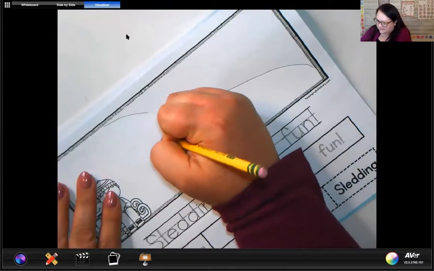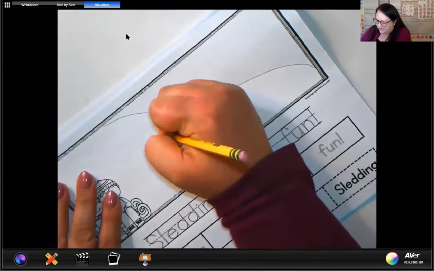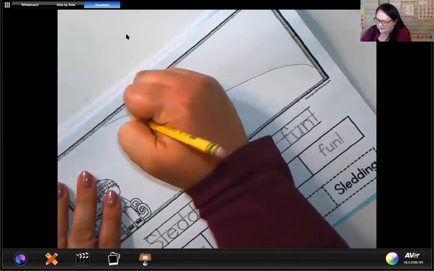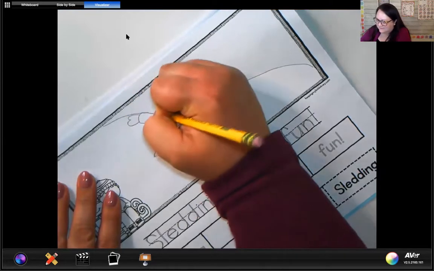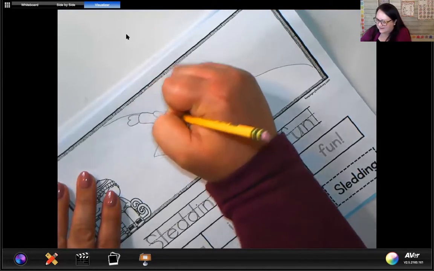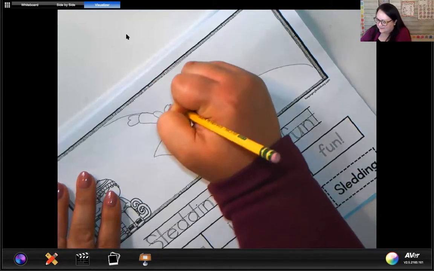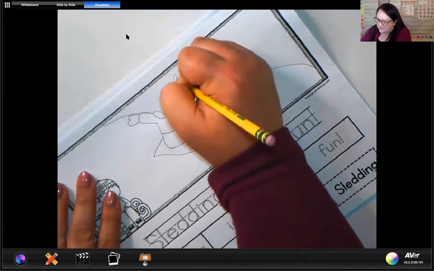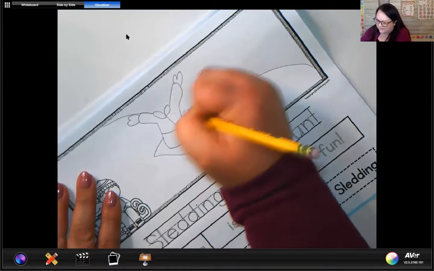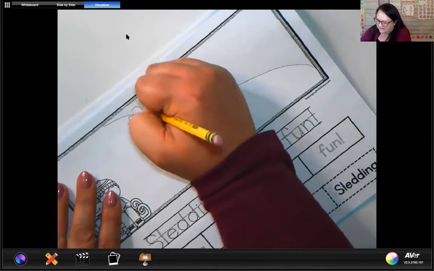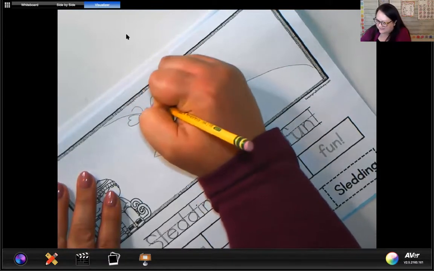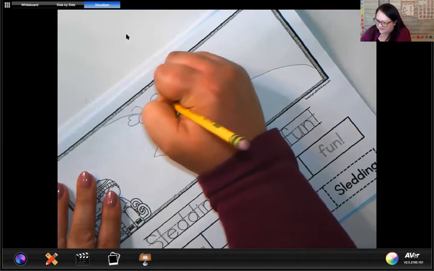Okay, so I'm going to sit like this, and then I'm going to put my coat on and have my hands up in the air because I'm having so much fun. Yay! Coat and put my arms up in the air with my mittens on. And then my hair is all in the wind. Glasses on.